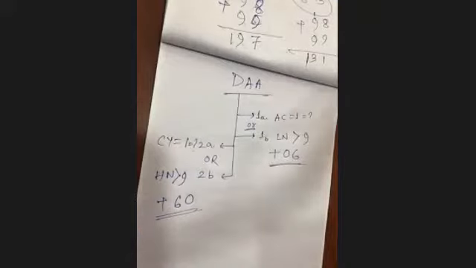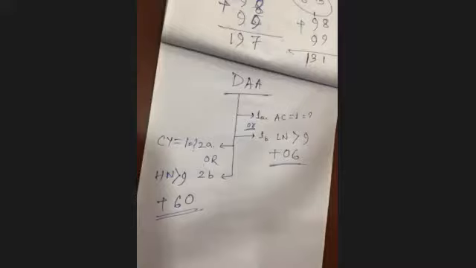Yes, sir. Next question is why 6? Because after 9 in decimal, what is the result? A, B. 10 in decimal is A. In hexadecimal, after F, what will the result be?